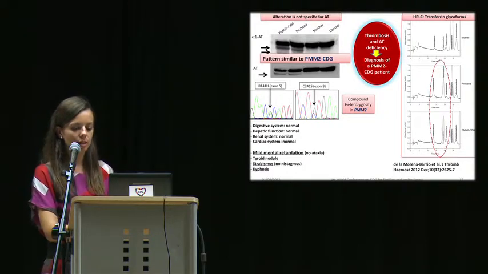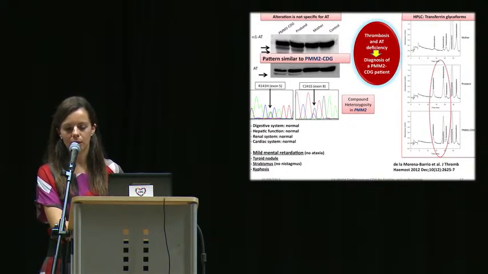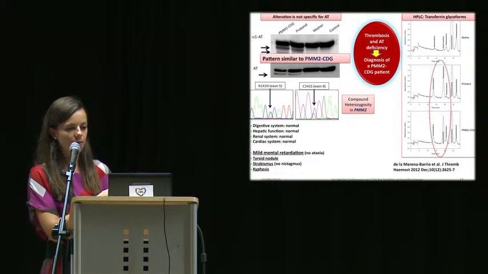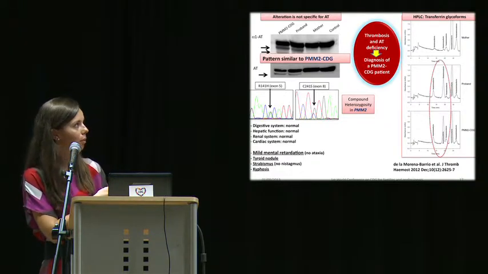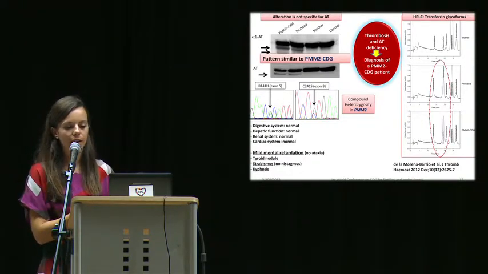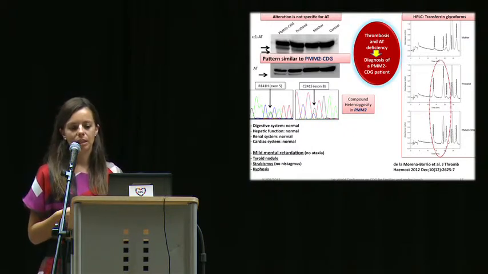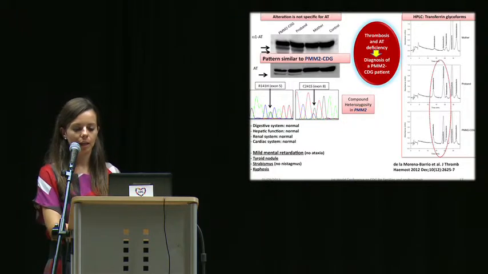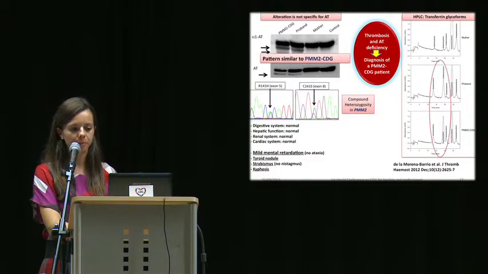And as you can see here, all the glycoproteins that we have tested, the alpha-1 antitrypsin, the antithrombin, or the transferrin, presented a very similar pattern of glycosylation defects compared to our proband.